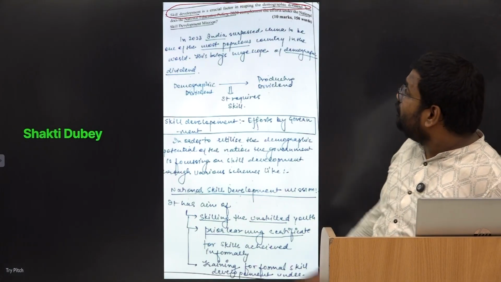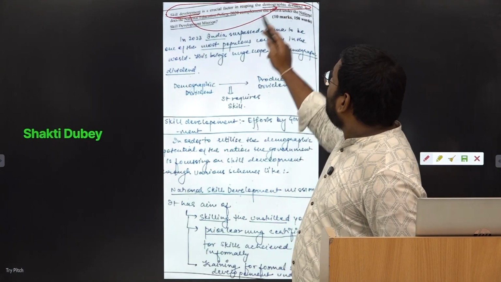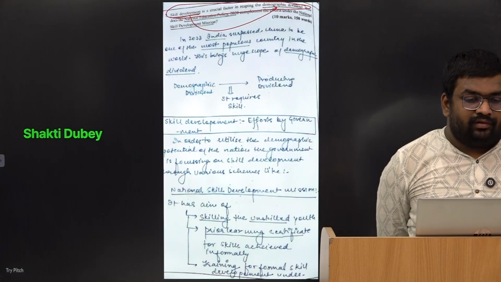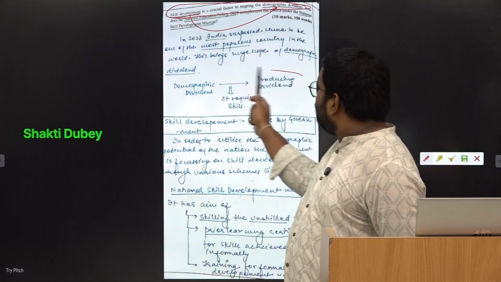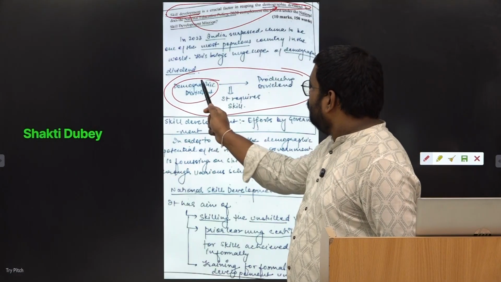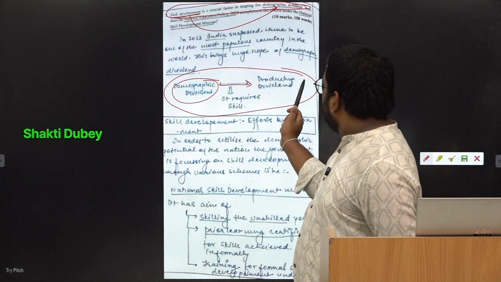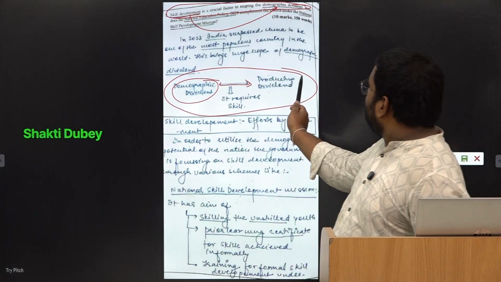The first statement is talking about the relationship between skill development and demographic dividend. Through this diagram she has established it: demographic dividend will lead to productive dividend.